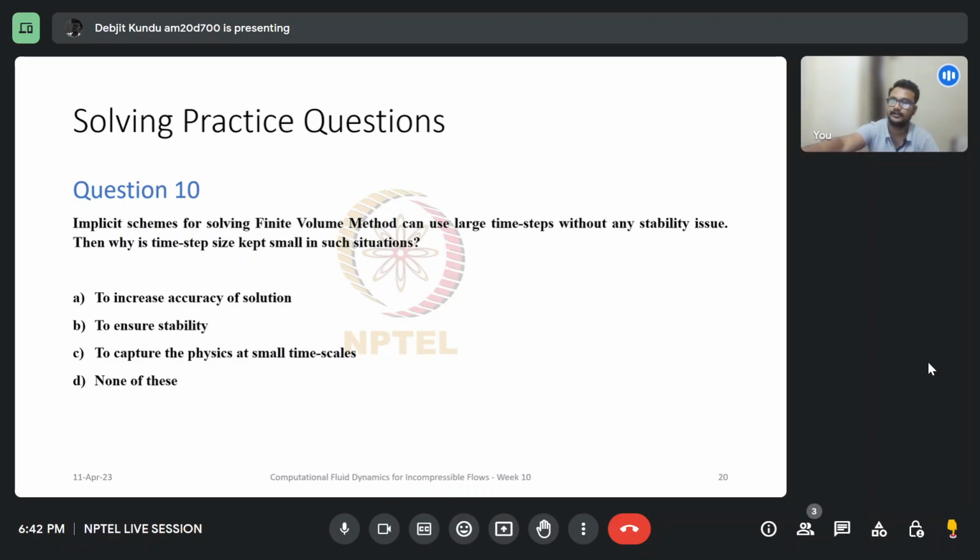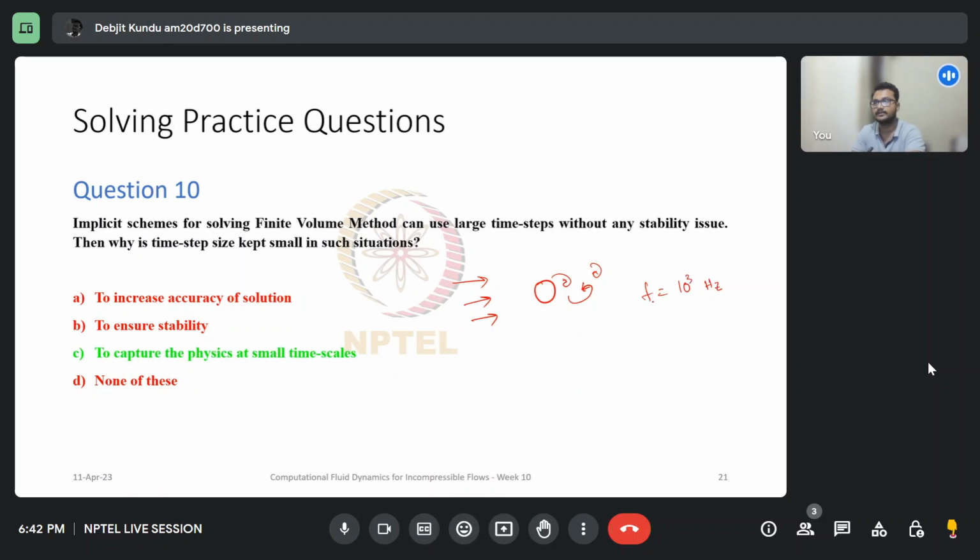So let's have a look at the solution. The solution is option C, to capture the physics at small time scale. So let's say I have one cylinder and there is a flow over it, and there is vortex shedding happening at a frequency of, let's say, 10 to the power 3 hertz or 1000 hertz.